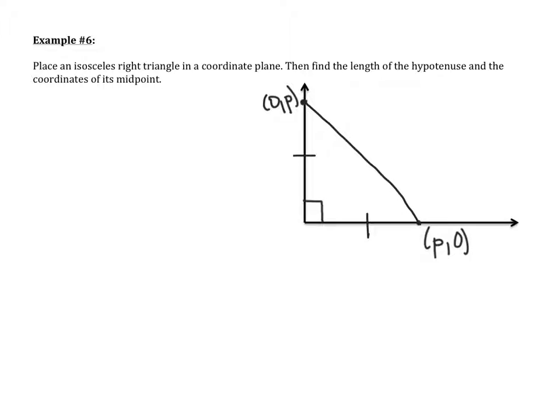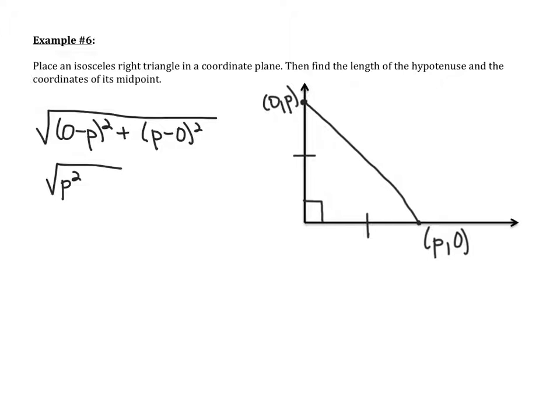So now I can just find the length of it using the distance formula, and then I will find the coordinates of the midpoint by using the midpoint formula. So first, the distance formula is the one with the big square root. So I would have the square root of, first I'm going to subtract the x's, so I would have (0 minus p) squared plus, then I'm going to subtract the y's and then square it, (p minus 0) squared. 0 minus p is negative p, and negative p squared is p squared.